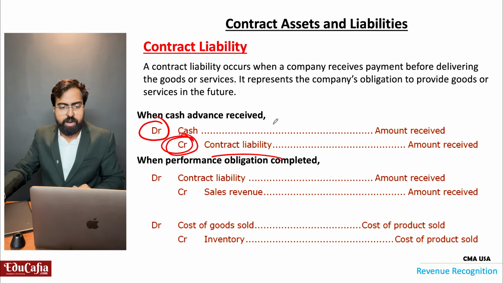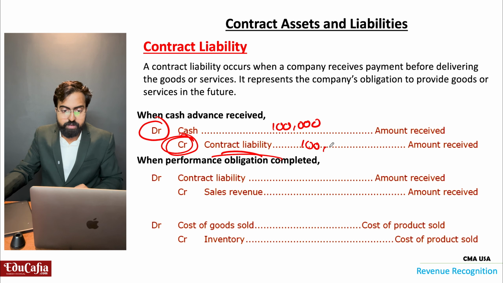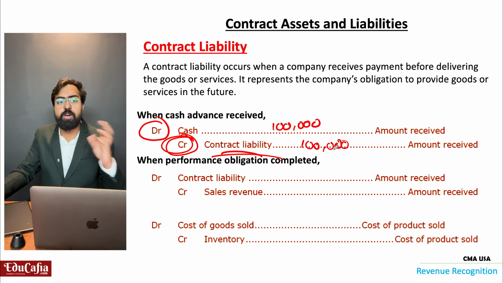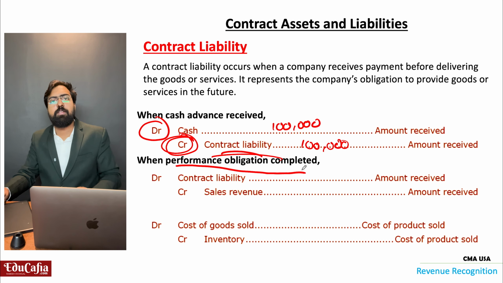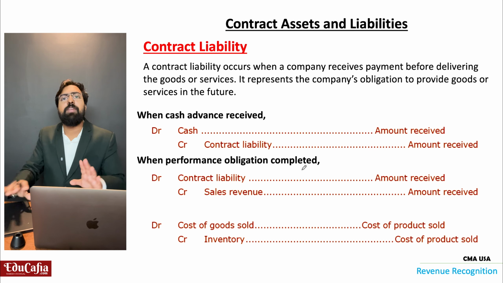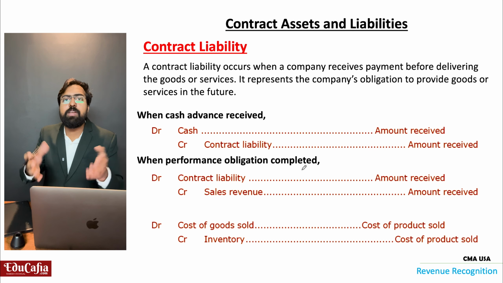So I got 1 lakh rupees. So cash I received. On my liability side, a new term will come, contract liability 1 lakh rupees. Rupees or dollars or whatever. When the performance obligation is completed, when I fix the TV, before fixing the TV I got money.